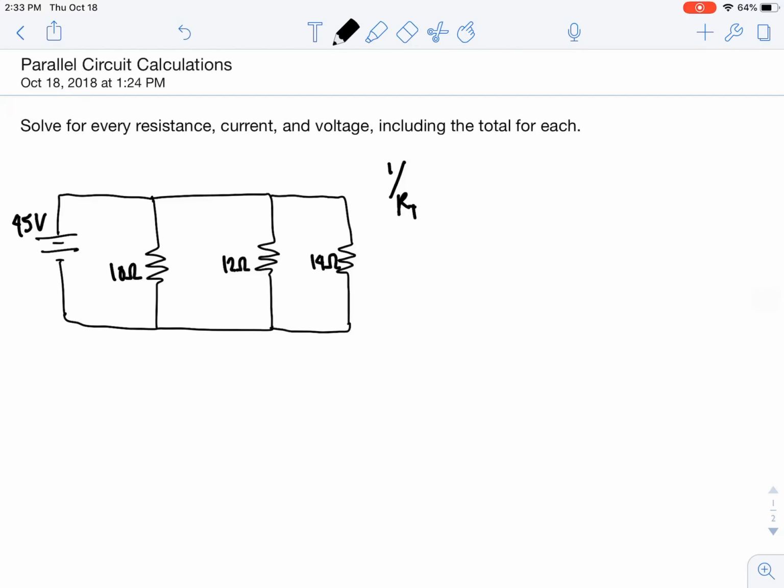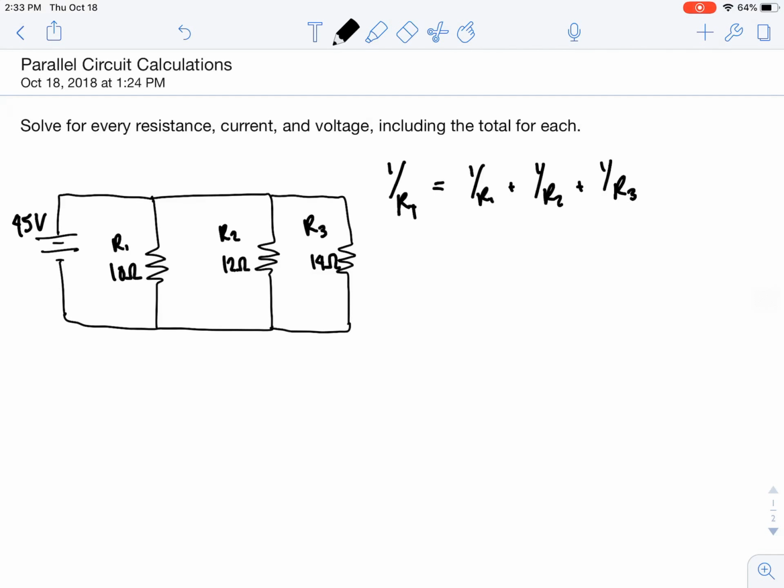Here, the resistance is actually the reciprocal, or the inverse, or the flipped fraction of what we saw in the series circuit. So 1 over RT, or resistance total, is equal to 1 over R1 plus 1 over R2 plus 1 over R3. Let me actually specify that over here, R1, R2, R3.